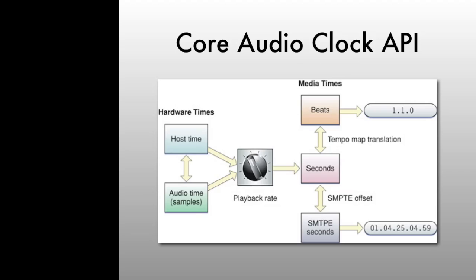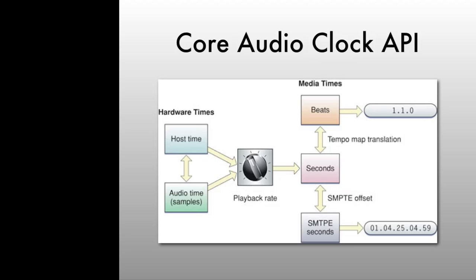You don't have to try and do the math and keep things in sync time-wise. You can use the hardware time, the time that's coming off of the CPU. You can use just the raw samples that are being played back in an audio file.